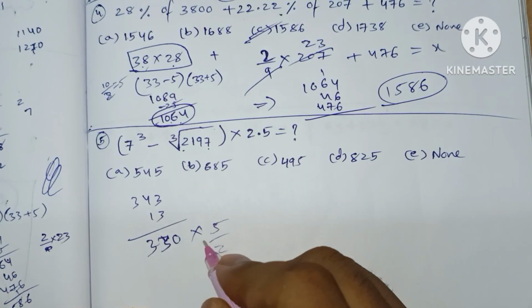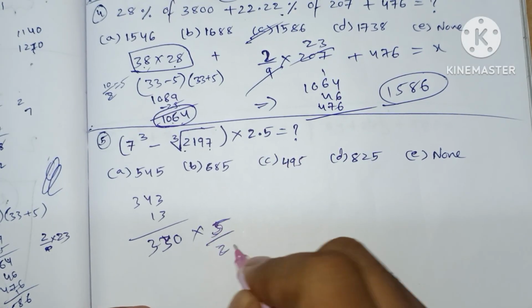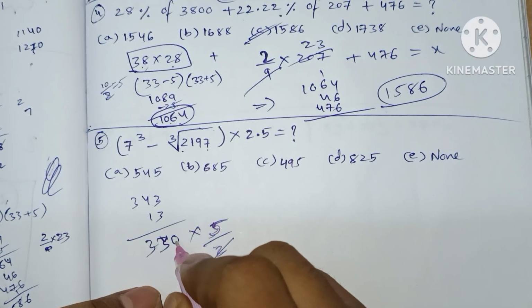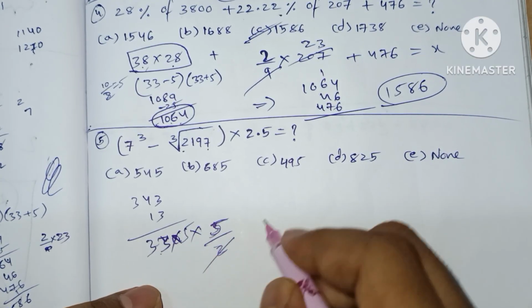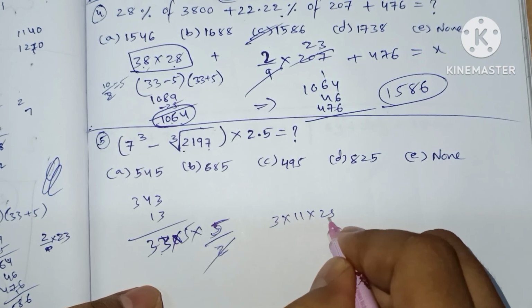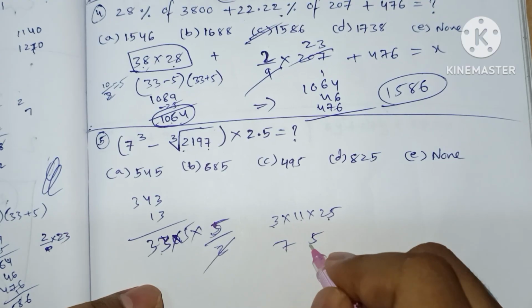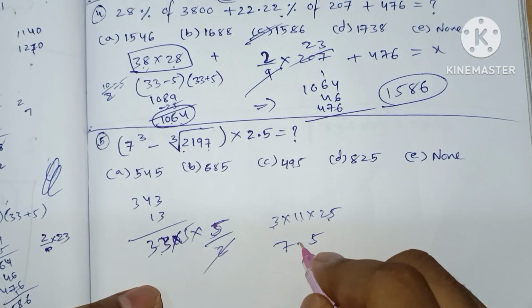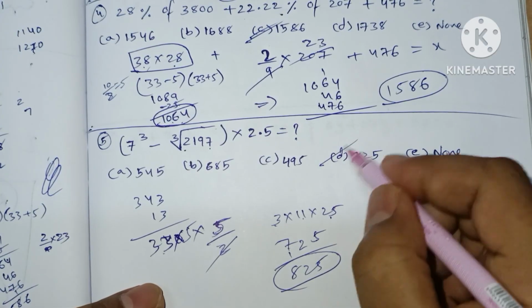Okay, 330 is nothing but 5. 2.5 is nothing but 5 by 2. 2, this 0 cancelled as 5. 33 into 25. So 3 into 11 into 25, 75, and into 11 means sum of these two, which will be 2 and 1, 825 is our answer. Answer D.